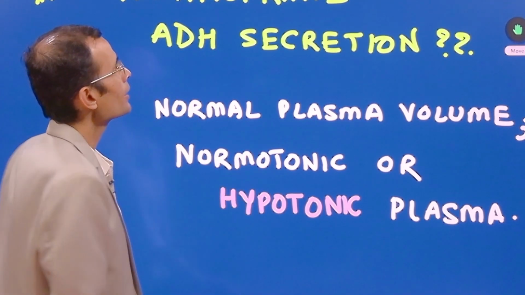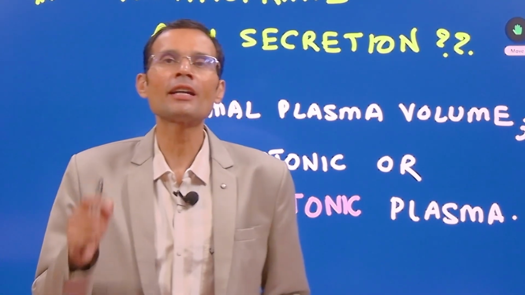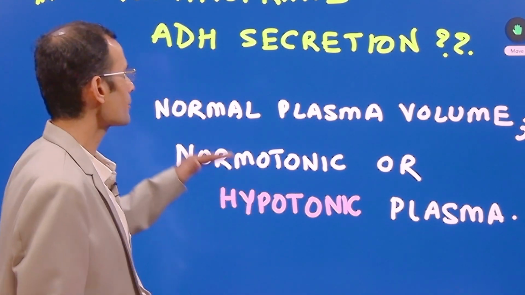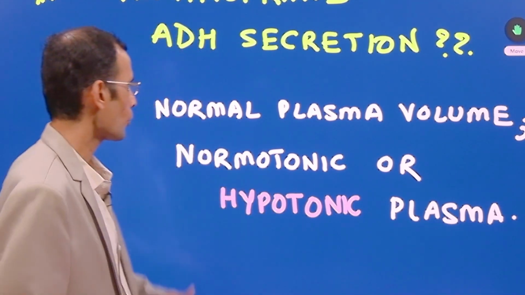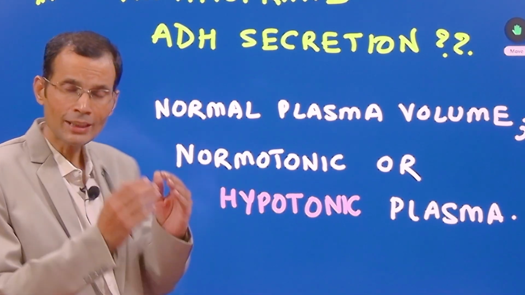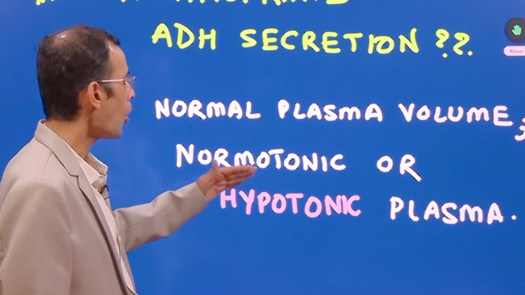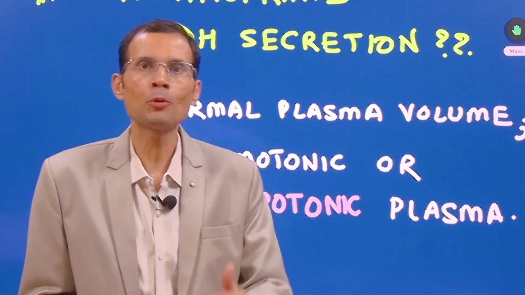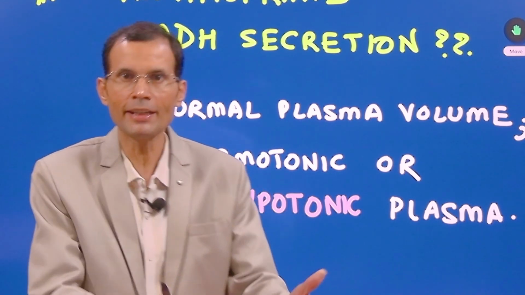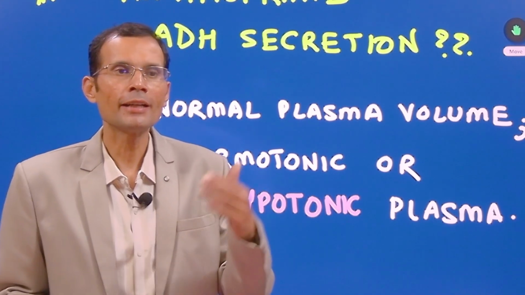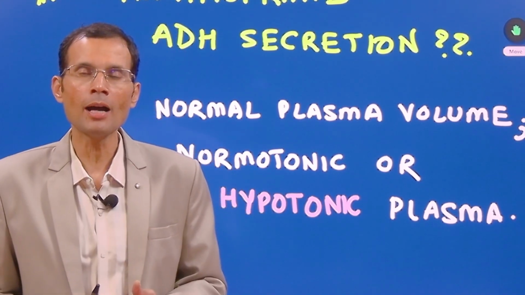So that's why it's called inappropriate ADH secretion, because plasma volume is apparently normal, plasma tonicity or osmolarity also is either normal or it is becoming hypotonic. Imagine that the ADH has started to be secreted and it has retained water into the plasma.